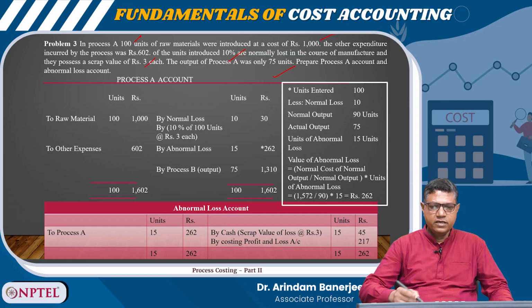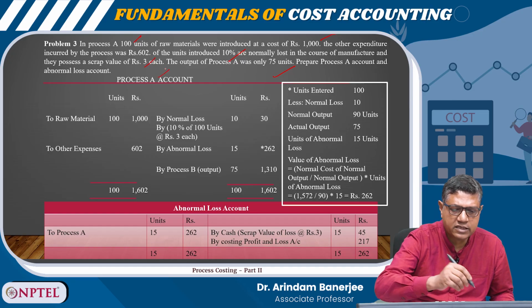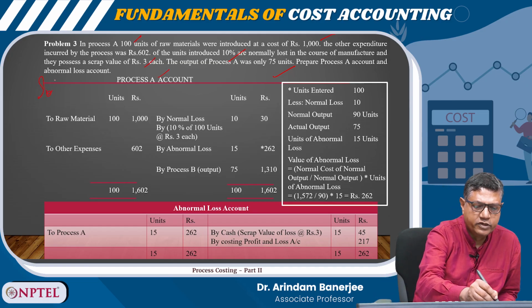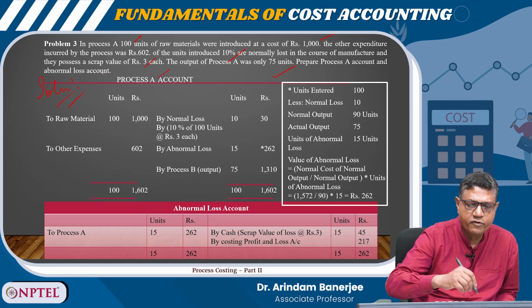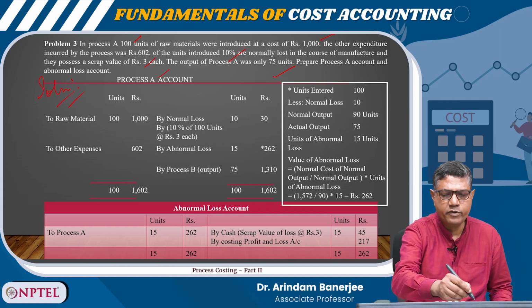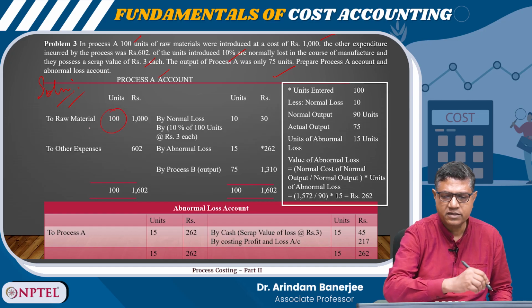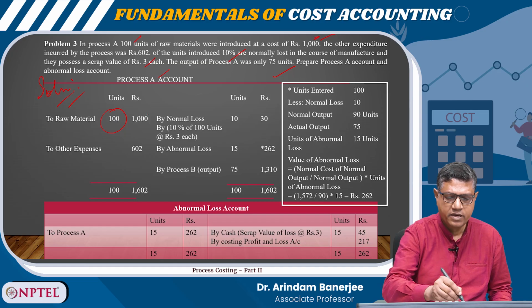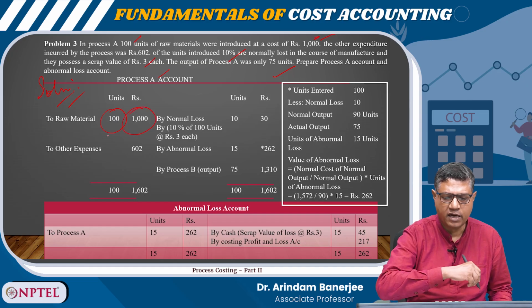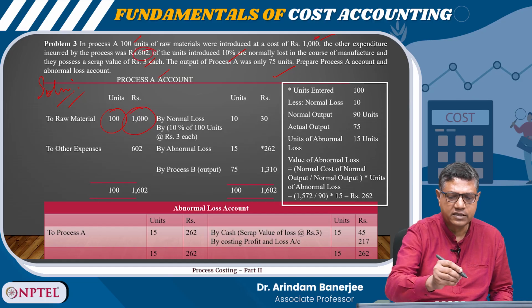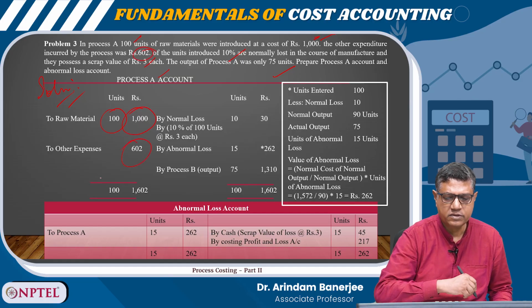Okay, so I am creating the process A account. This is the solution I am providing. In process A account, 100 units, the cost is 1,000. The other expenses incurred in the process are 602.